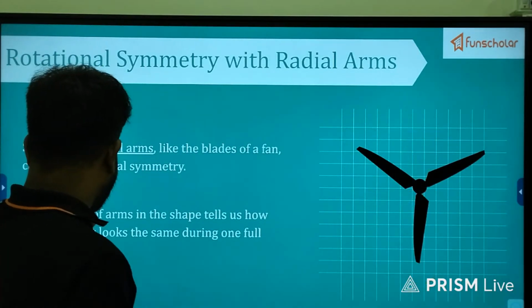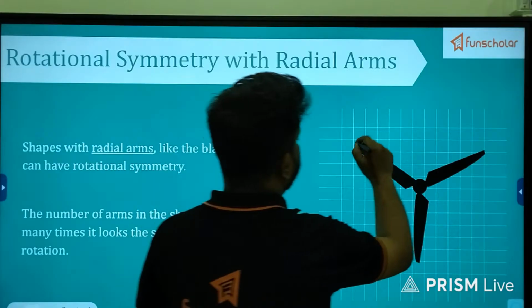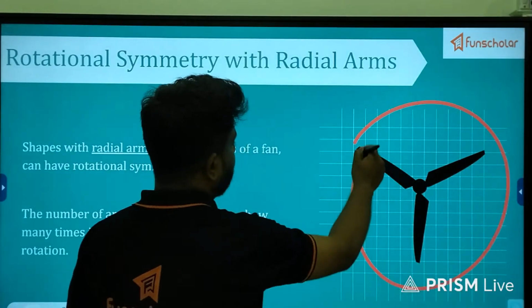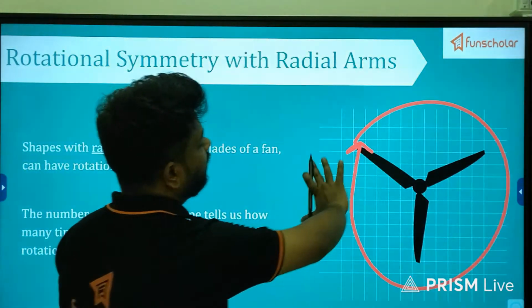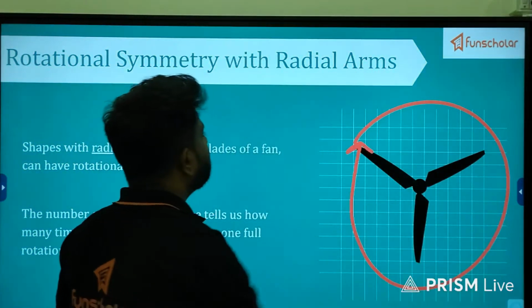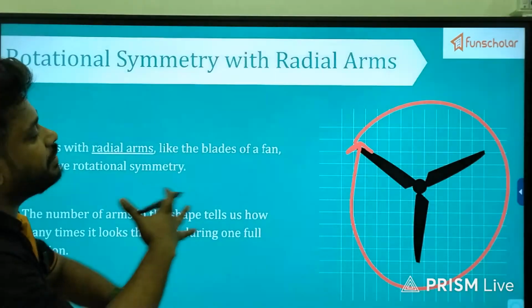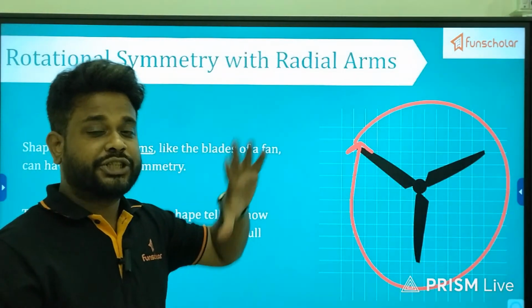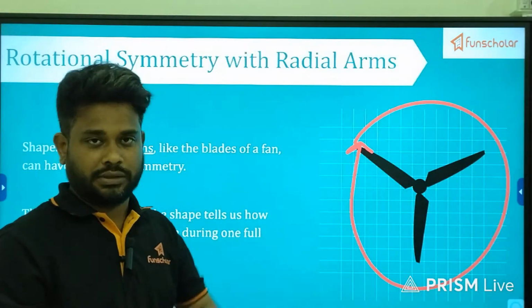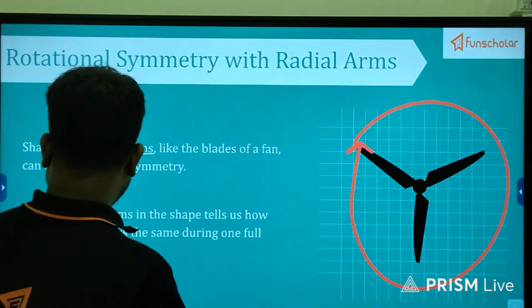After completing one full rotation, one blade will come into its previous position, and it will be a symmetrical shape.